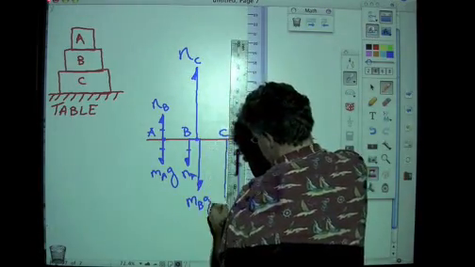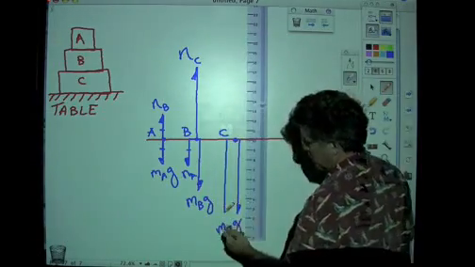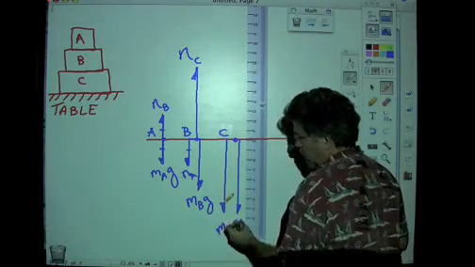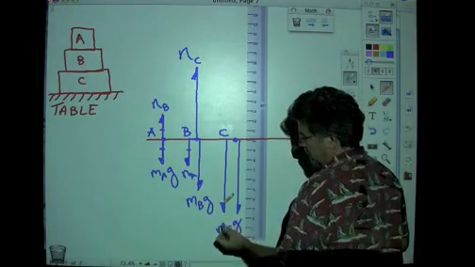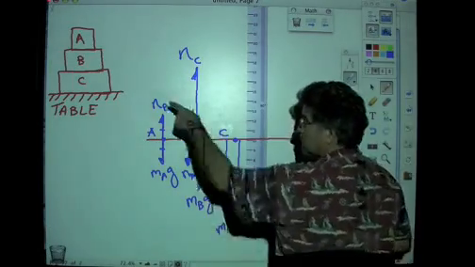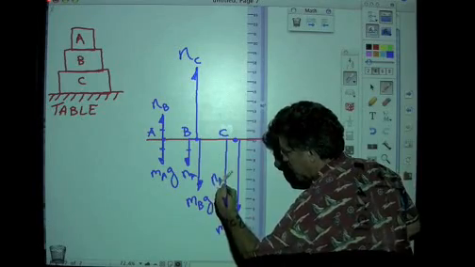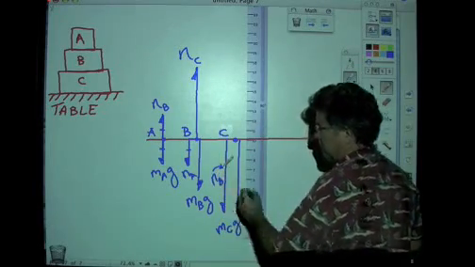So it looks like that's the normal force, and coincidentally that's going to be the normal from box B above. So that's the normal from B, this area right there.